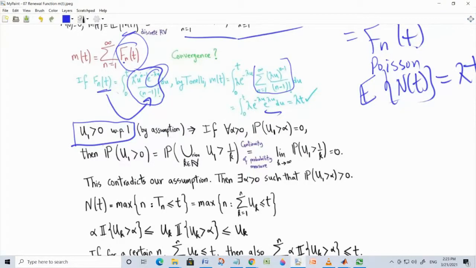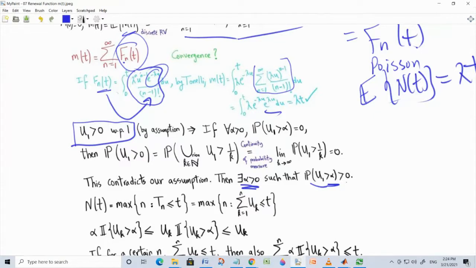if we have a strictly positive random variable U1, which means that the probability that U1 is positive is 1, then here is the trick: there exists a positive alpha such that the probability that U1 is greater than alpha is strictly positive.